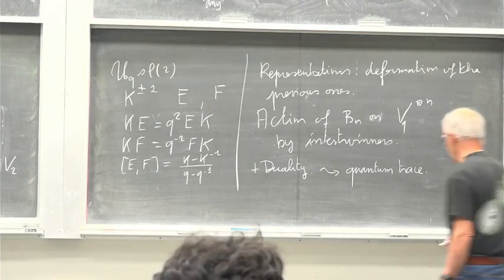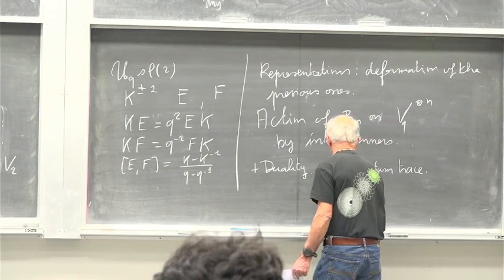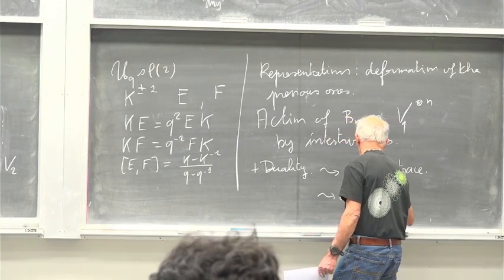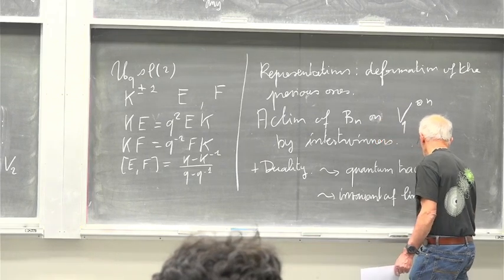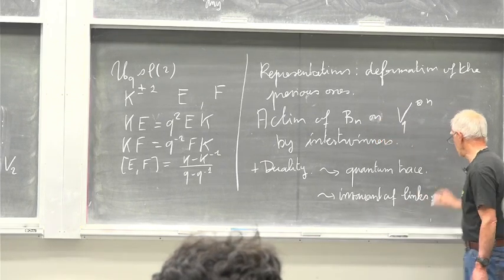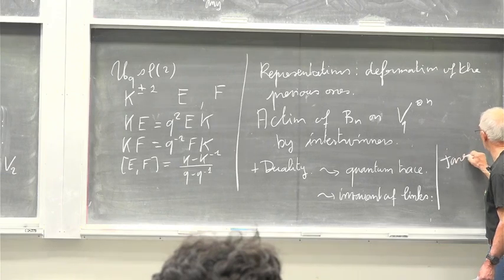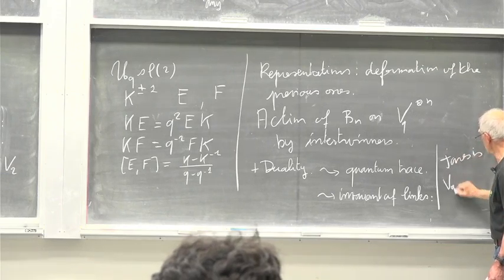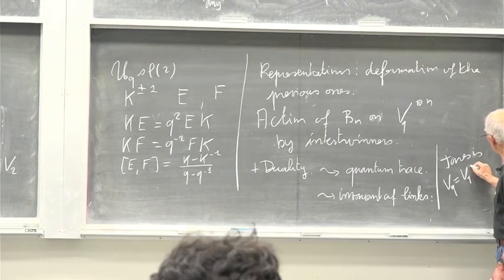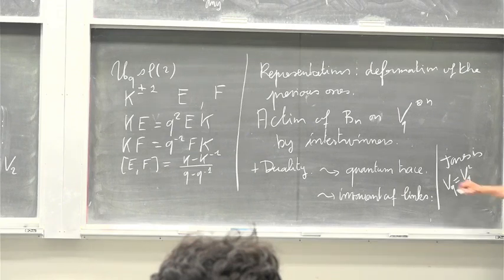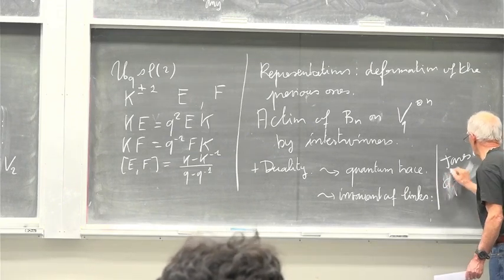And so from this we get invariants of links and joints. In the case VQ equal to the vector representation, two-dimensional.